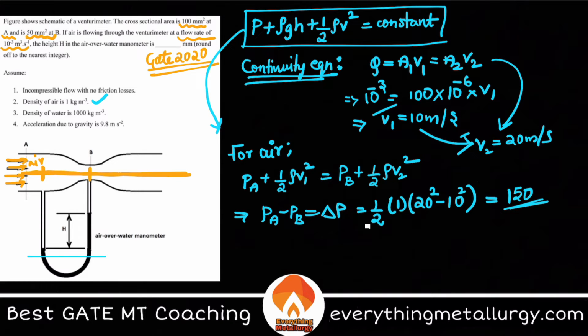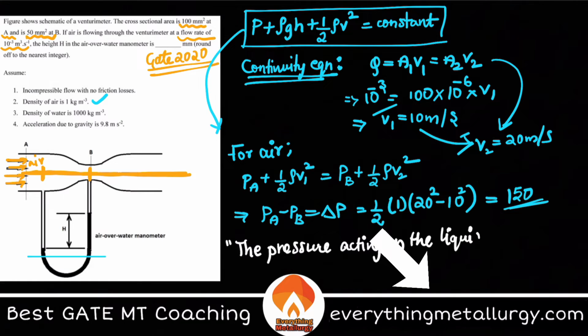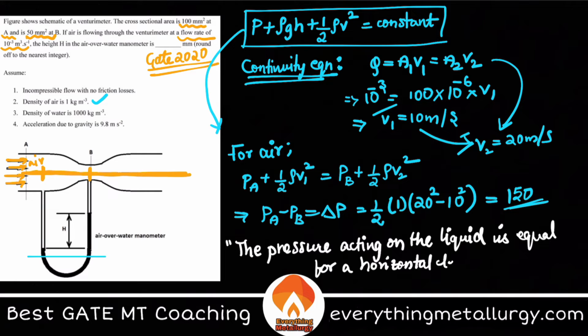So in a manometer you can always say that the pressure acting on the liquid, here in our case water, which is present in the manometer, is equal for a horizontal level which is connected by the same liquid.